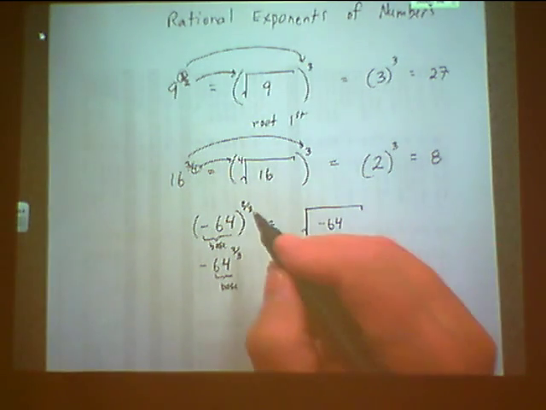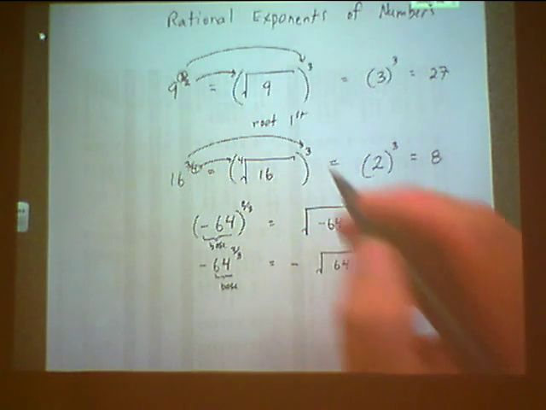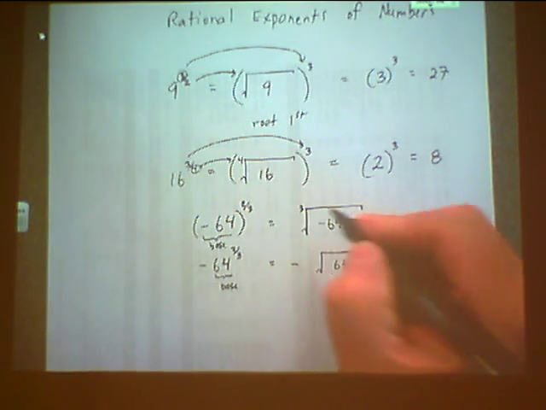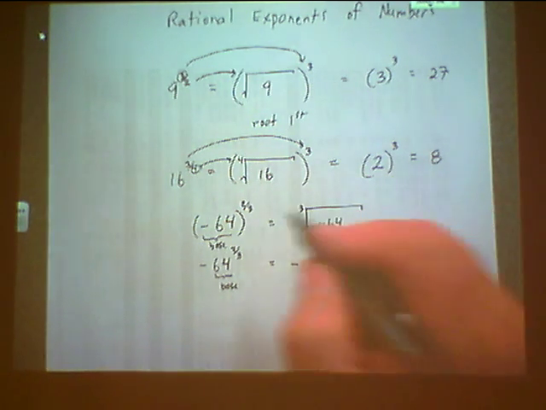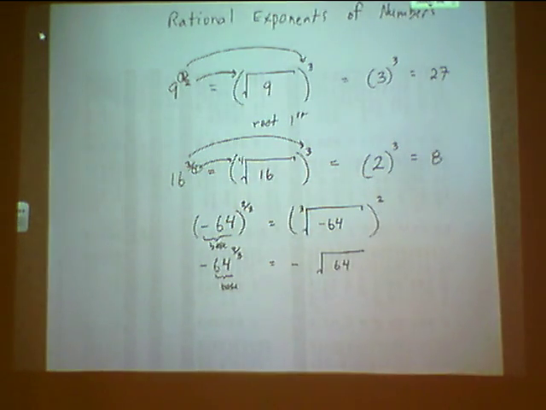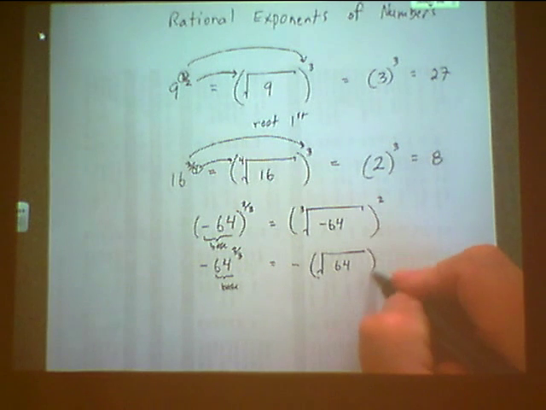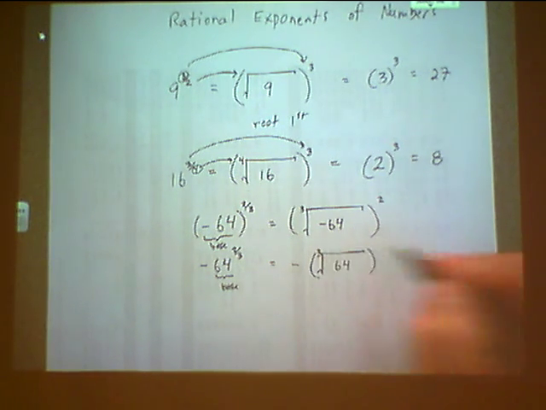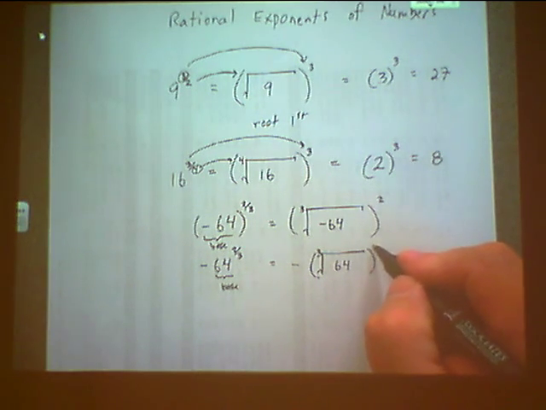Now, hopefully by now, you've learned that the 3 becomes my root. And I'm going to do root first, so then the exponent of 2 goes way on the outside. And if I just want to also do this one, I would also put the 3 here and the 2 way on the outside.